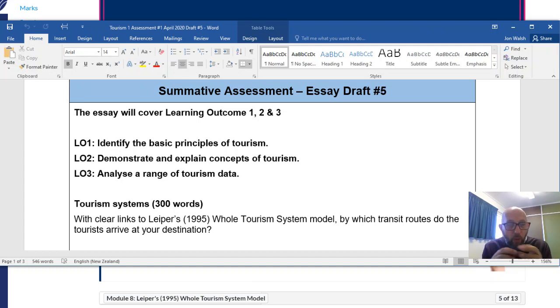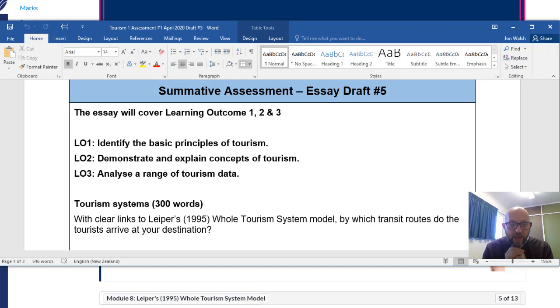But it's really important for people, because some people are forging their own path ahead, which is really awesome. Some people are not quite at that stage, but that's why I've done this video. I've done this video to let people have an awareness of what the module is about, and this video will stay on for as long as you are doing Tourism 1 right up to the end of this semester.